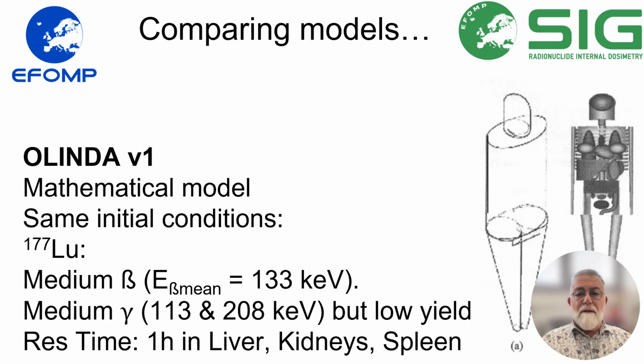Then comparing those results with Olinda version 1. Olinda version 1 is based on mathematical models. So you can see to the right what they look like. We take the same initial conditions, and these initial conditions are lutetium-177, same condition, and the same residence time.